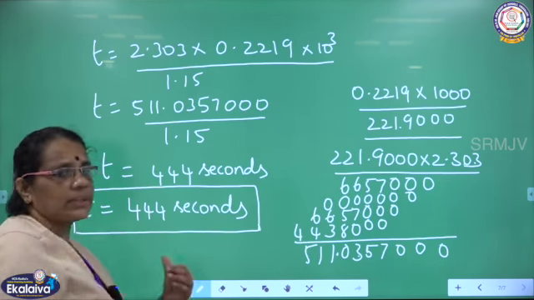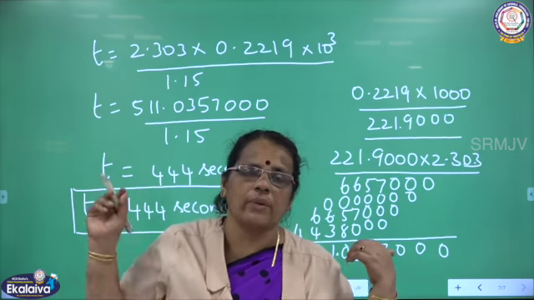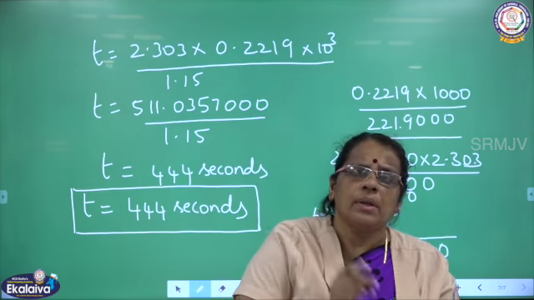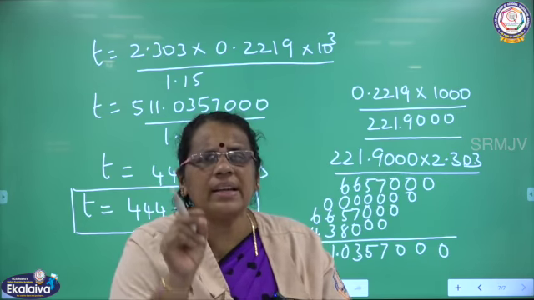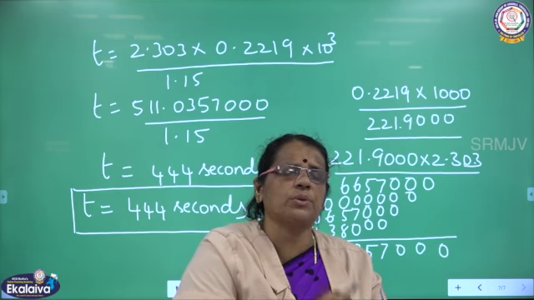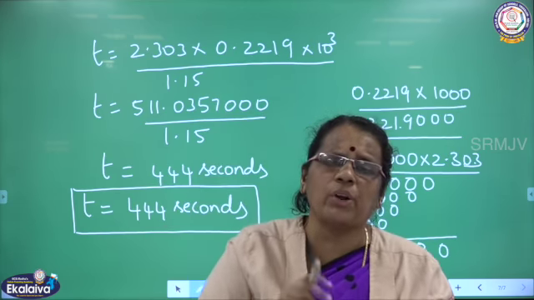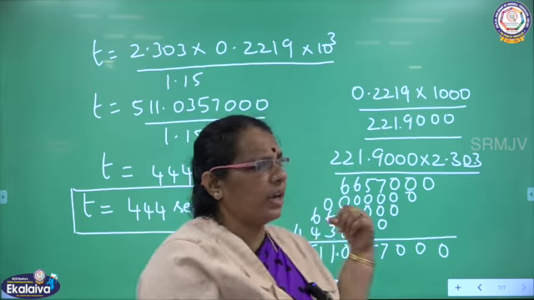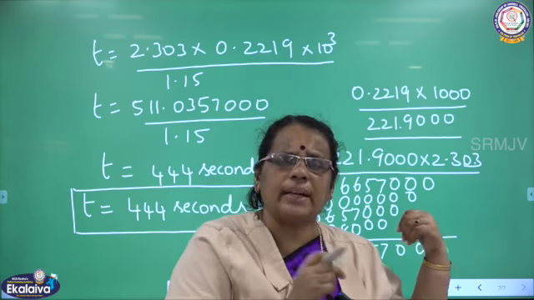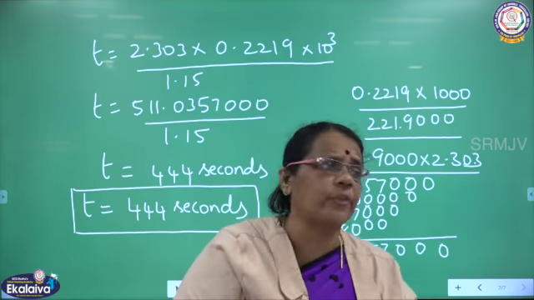So, this is the first sum. We have calculated the time required for change in concentration from 5 grams to 3 grams when the rate constant value is 1.15 into 10 power minus 3. So, we have calculated the time as 444 seconds.